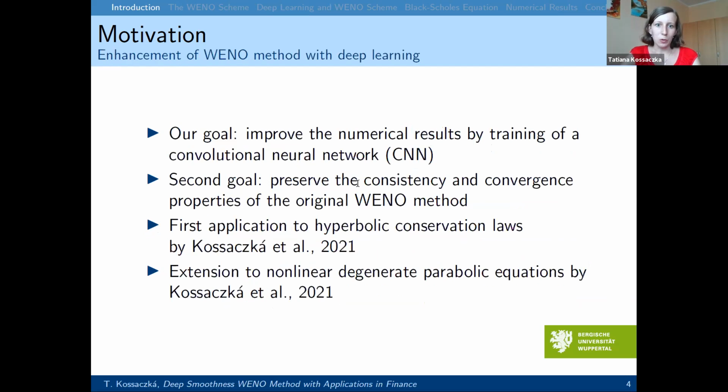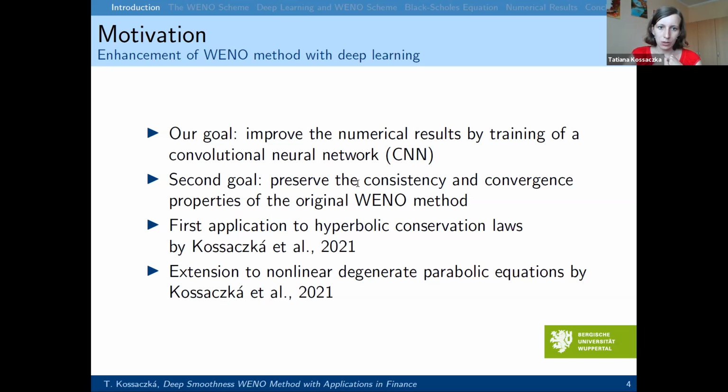Okay, so as I said, we use deep learning to improve this method. To this aim, we use a convolutional neural network. I will say later why we use exactly a convolutional neural network.